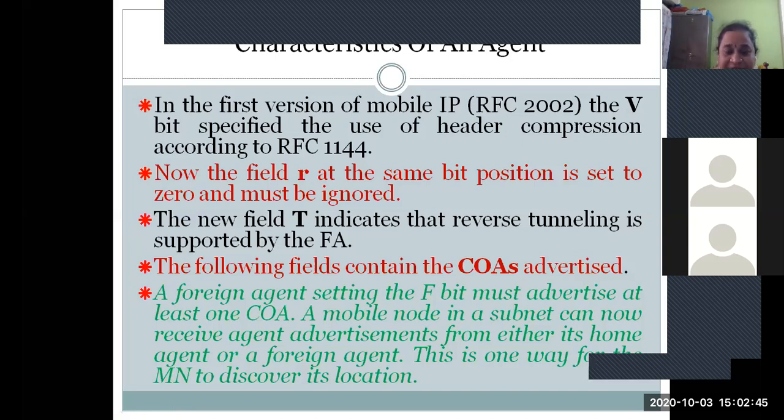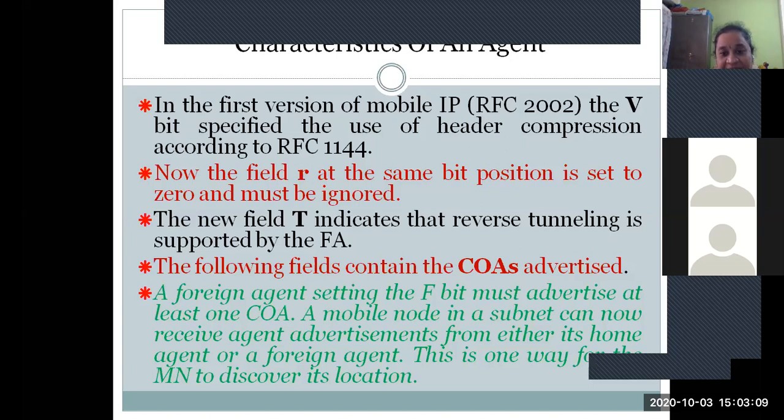That is, whenever V is highlighted, it can be identified that the data being sent over the corresponding agent is nothing but IP data. That is the normal IP communication, not the mobile IP communication, right? The header compression is being done at the IP level, not at the mobile IP level.